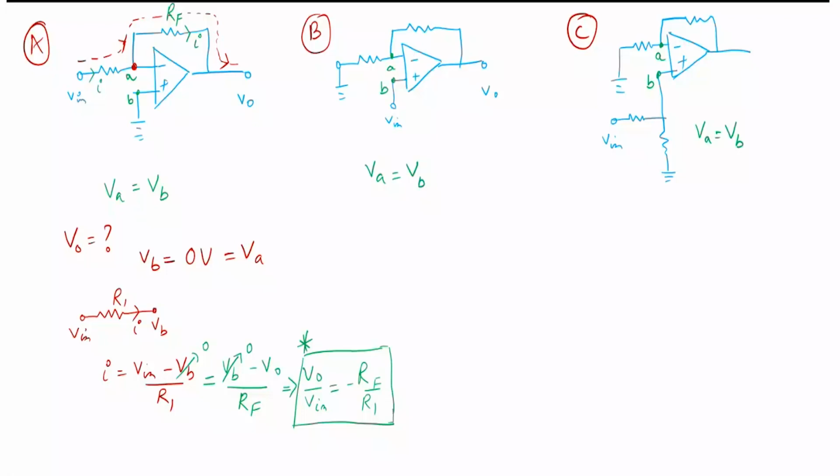Okay, now let us move to next circuit. So in this circuit, I will call this one as R1 and this one as RF. The difference between the circuit A and circuit B is in circuit A, the input is given at the inverting terminal, but in circuit B, the input is given in non-inverting terminal.